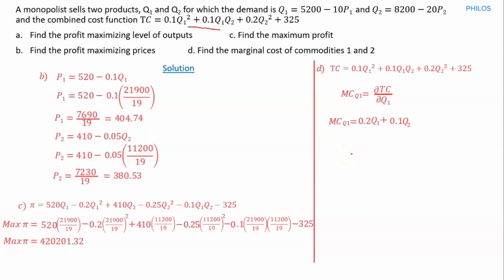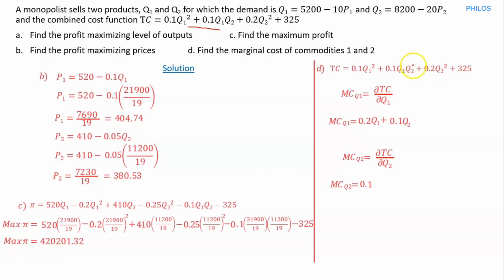To find marginal cost of commodity 2, which is MC of Q2, equal to partial TC over partial Q2, we differentiate TC with respect to Q2. For the first term, there's no Q2 there, so it becomes 0. But in the second term, there is a Q2, and it has an exponent of 1. So you multiply 0.1 by 1, you get 0.1, and then subtract 1 from the exponent of 1, it gives you 0.